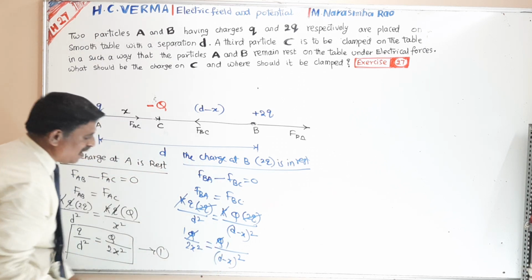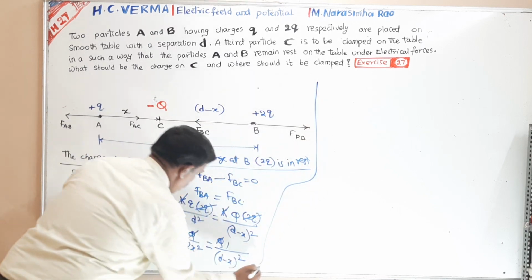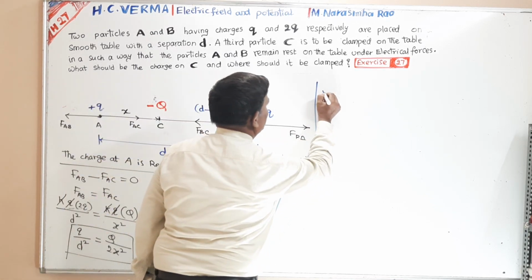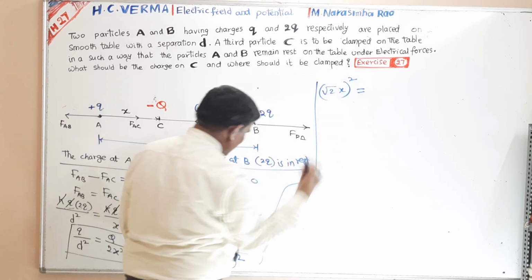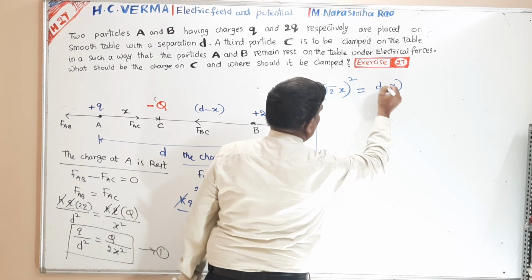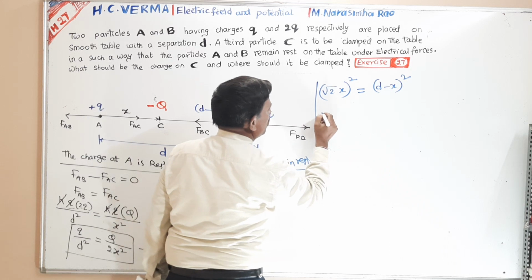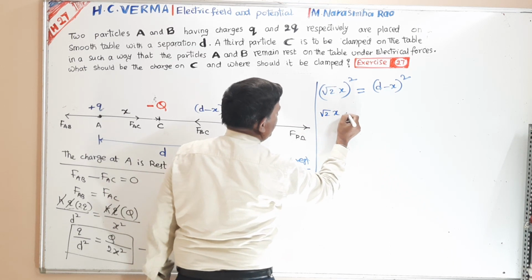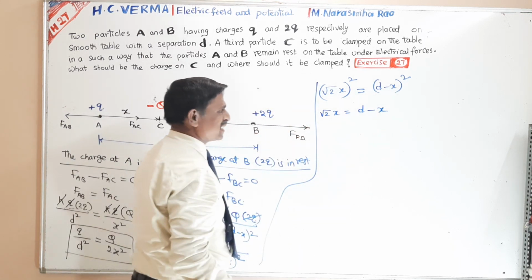Q gets cancelled. 2x square can be written as root 2 x whole square is equal to D minus X whole square. I am eliminating the square. Root 2 x is equal to D minus X.